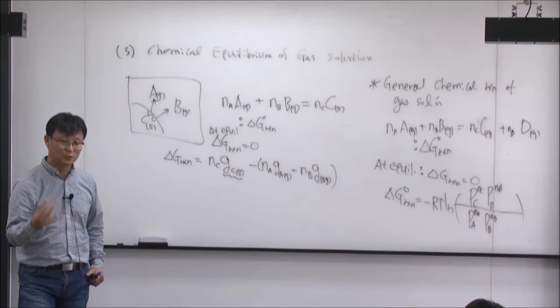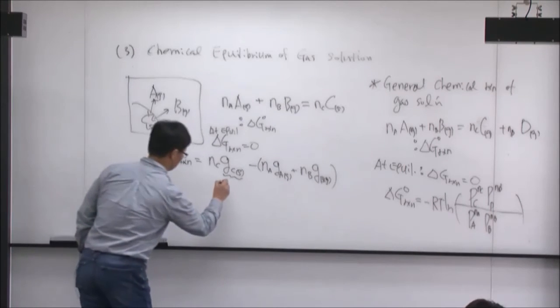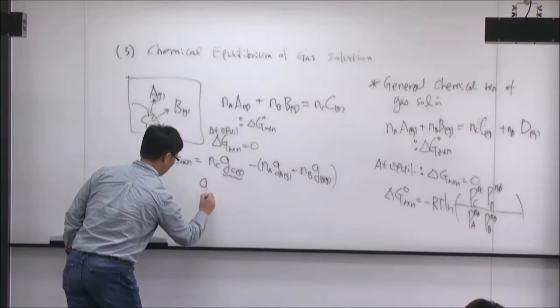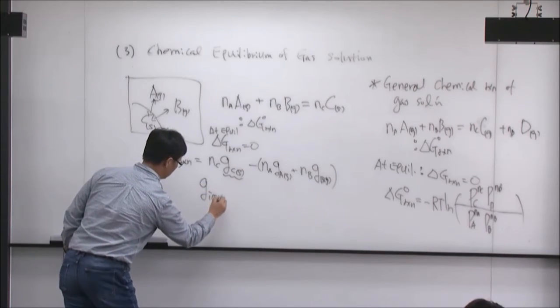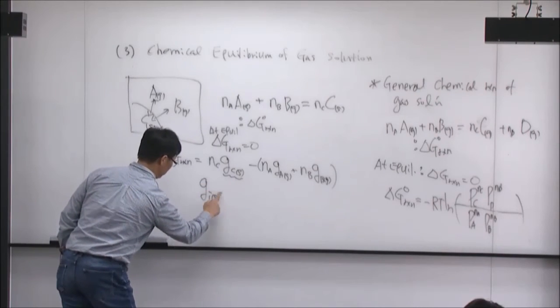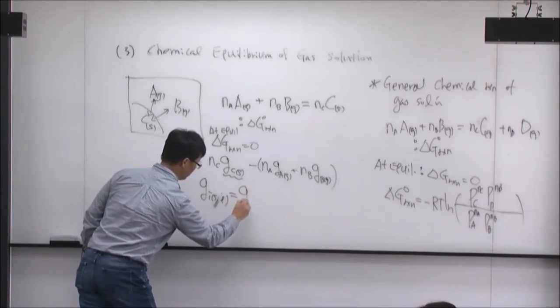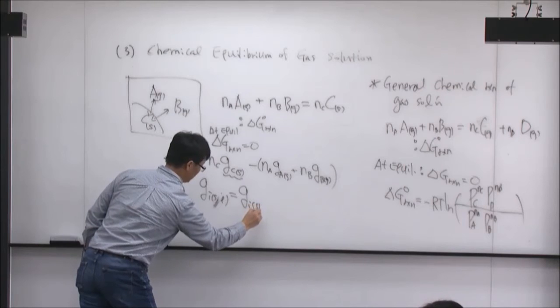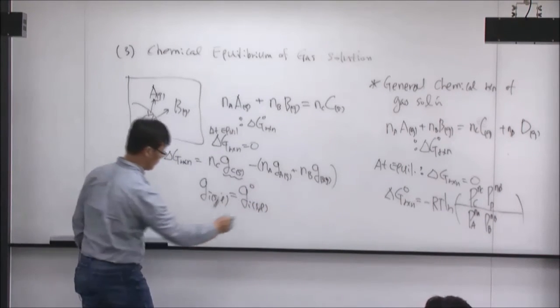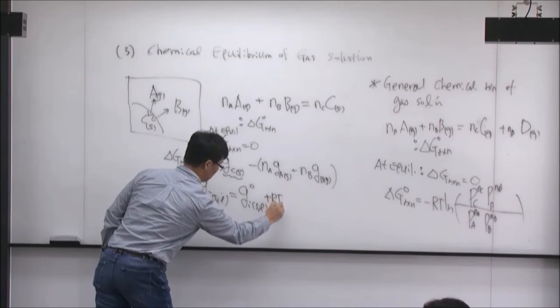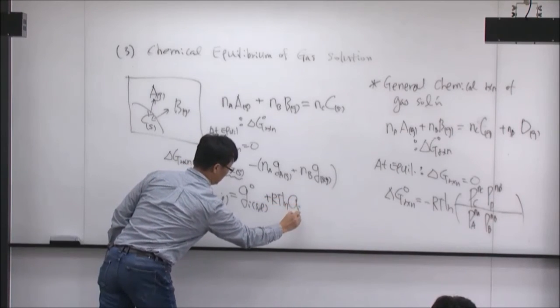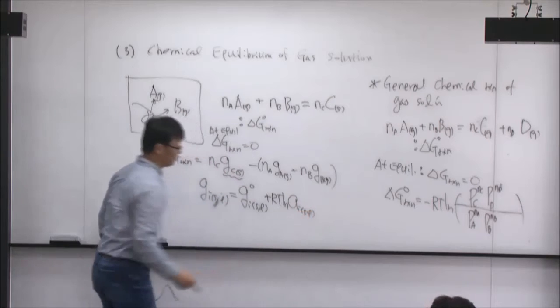The partial Gibbs energy of I in the solid state or liquid state is the pure Gibbs energy of I, solid or liquid state, standard value, plus RT ln activity of I, solid or liquid.